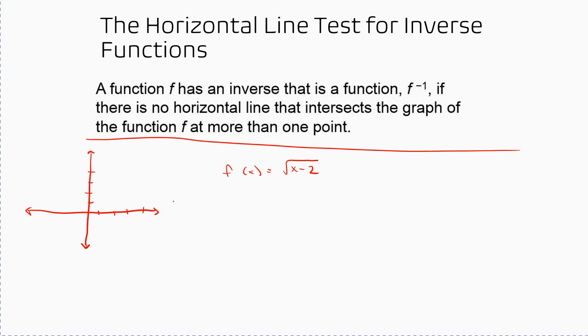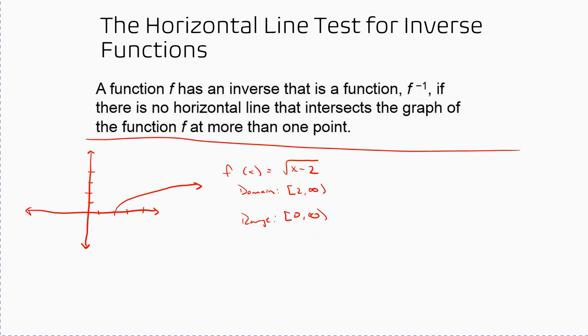If you were to sketch the graph of this, now this is just going to be a real rough sketch, so forgive me here. This graph is going to look like this. So the domain of this function is 2 to infinity, and its range is 0 to infinity.